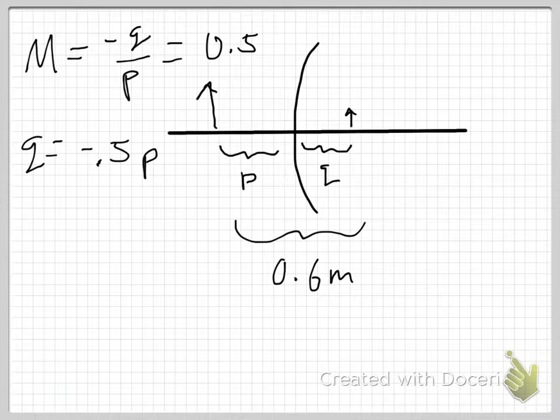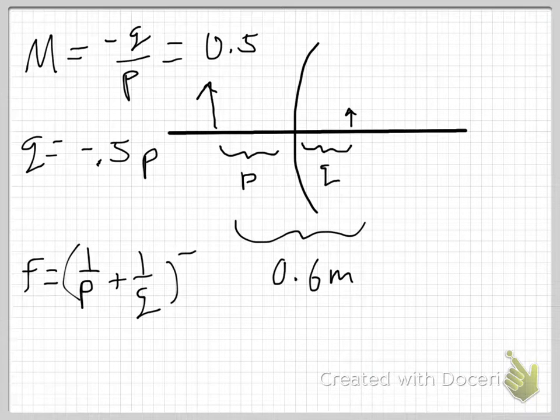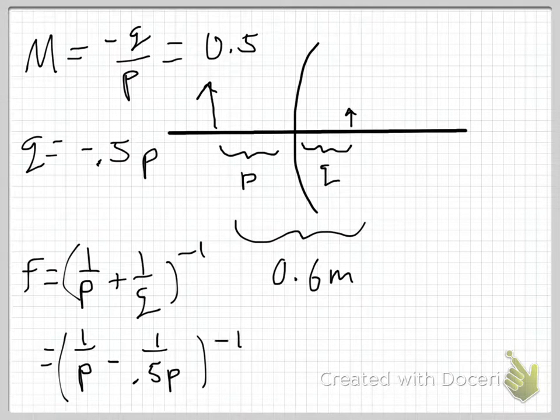From that point, I can again form the mirror equation. Right? I've got that the focal length is equal to (1 over p plus 1 over q) inverse, and I can substitute in my value for q. I get the focal length is equal to (1 over p minus 1 over 0.5 p) inverse.